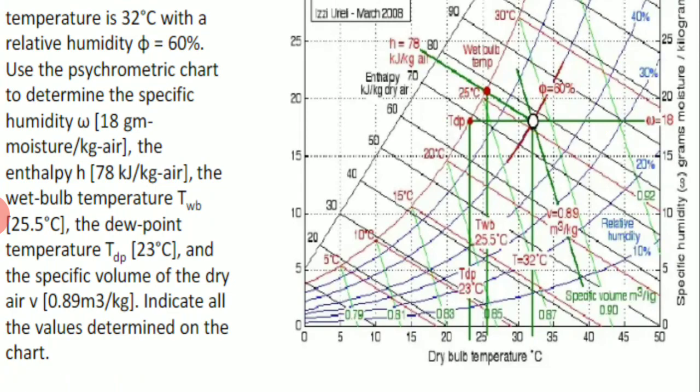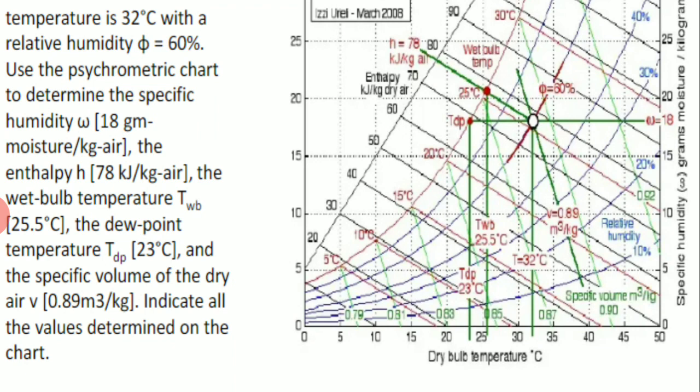Where exactly does φ equal to 60% come? The blue lines or blue letters indicate it. On this 32 degree line move upward, and where the 60% line meets, mark that as the point. That is a fixed point. From that fixed point you have to calculate different properties.